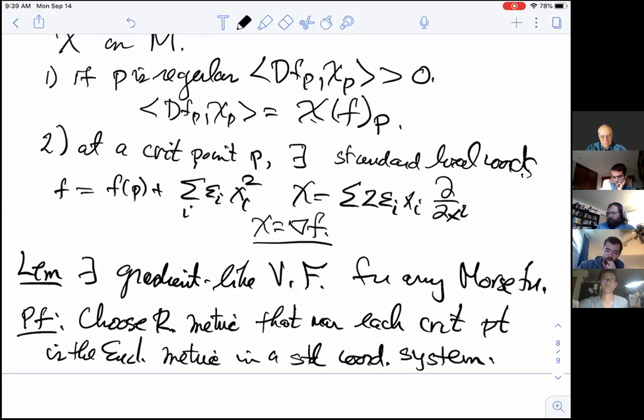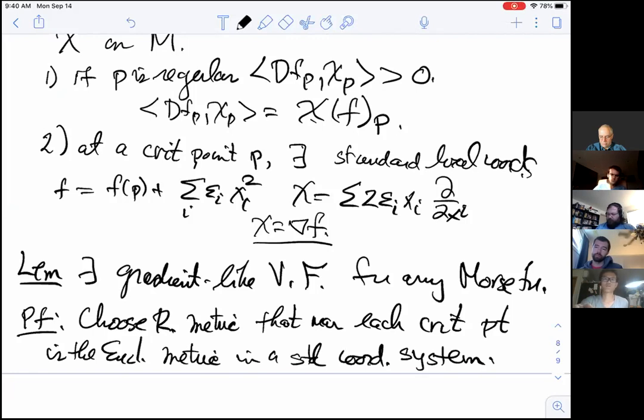So to form a Riemannian metric, we cover the manifold by open charts, take a standard metric in each chart, and then patch together with a partition of unity. Make sure that the critical points are only in one patch, and you take the standard Euclidean metric in that patch with respect to standard coordinates, and then when you do the partition of unity averaging argument, you won't change the coordinates near that point.